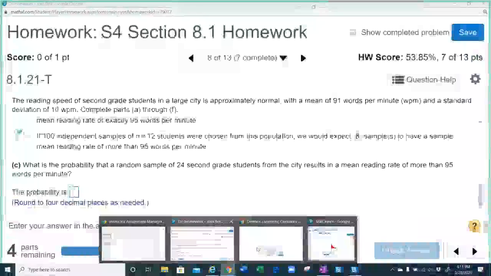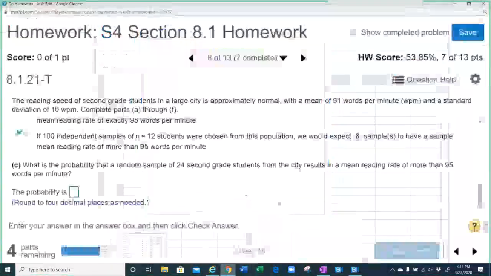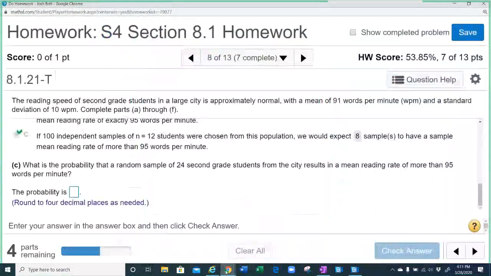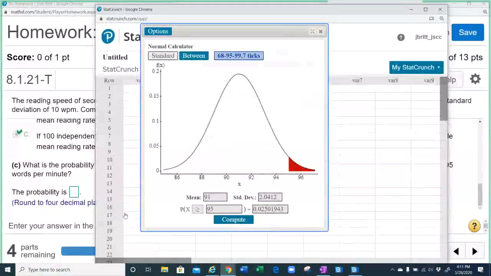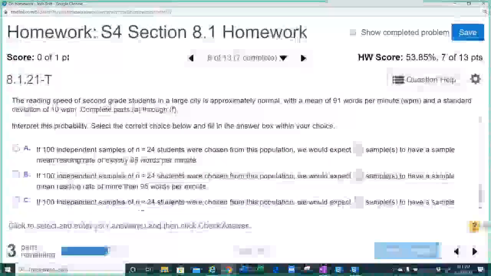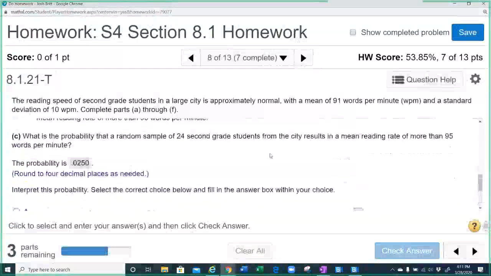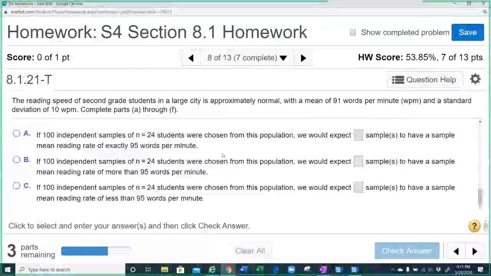New standard deviation, 2.0412. The question was again more than 95, so you don't have to change anything there, and that's 0.0250. So the probability here is 0.0250. And then more than, so it'll be about 3.